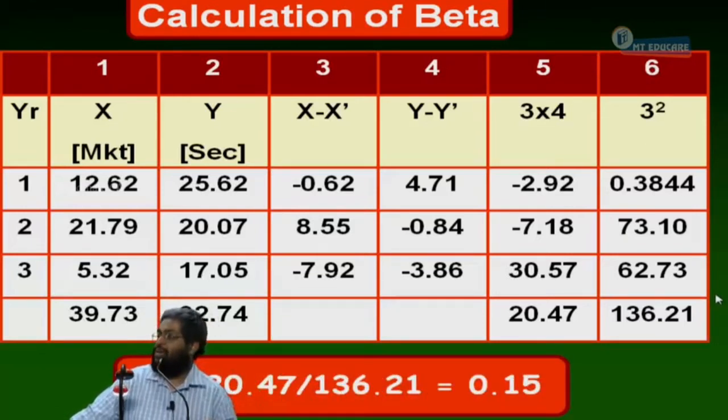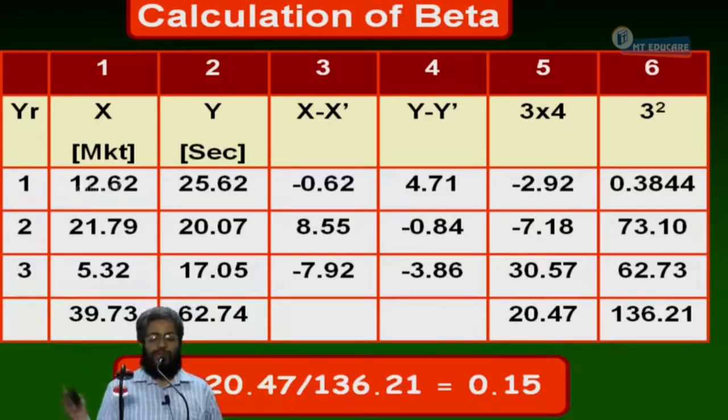Beta is equal to 20.47 divided by 136.21, which is equal to 0.15 times. Beta is equal to 0.15 times.